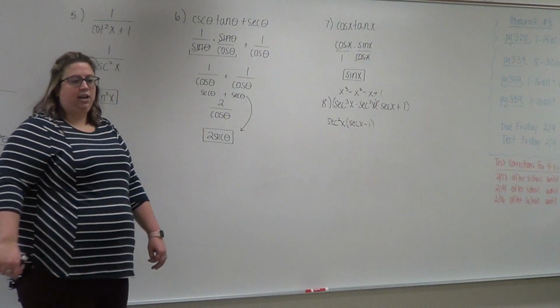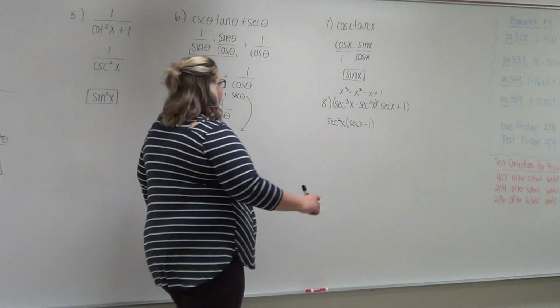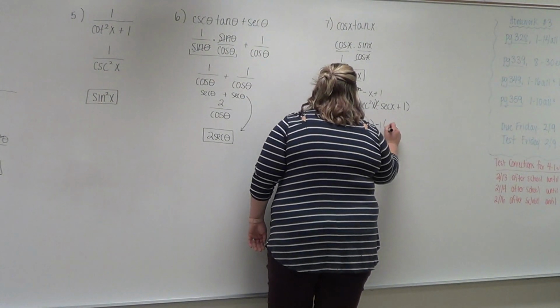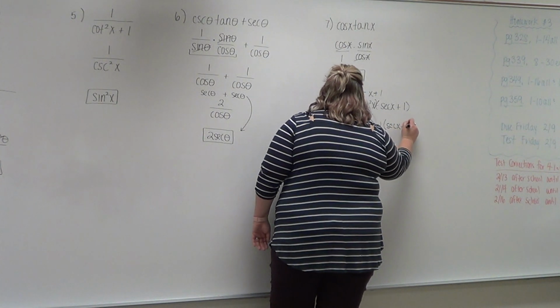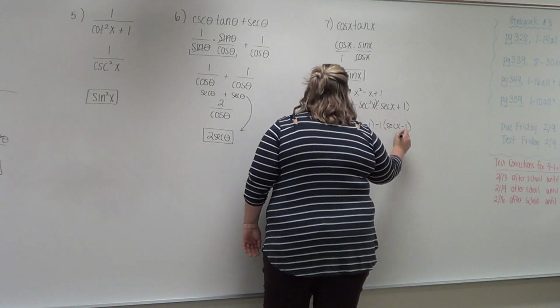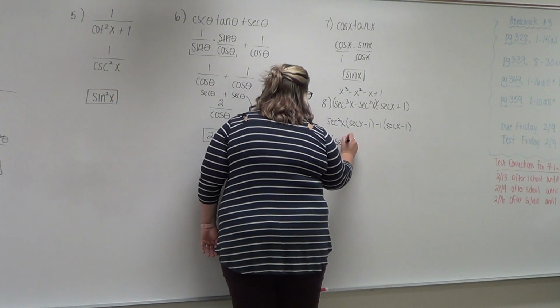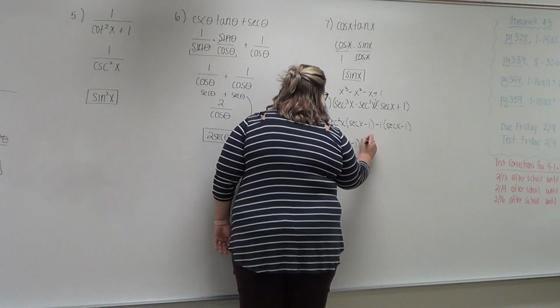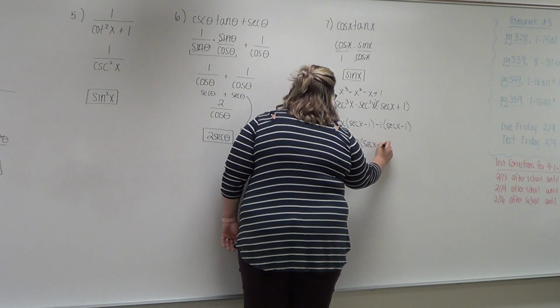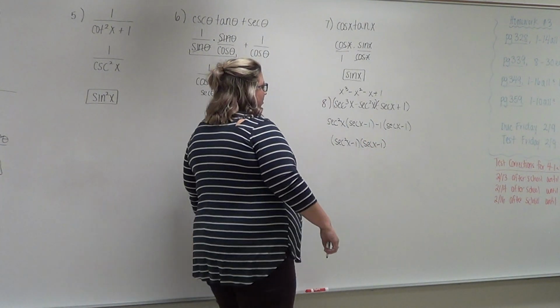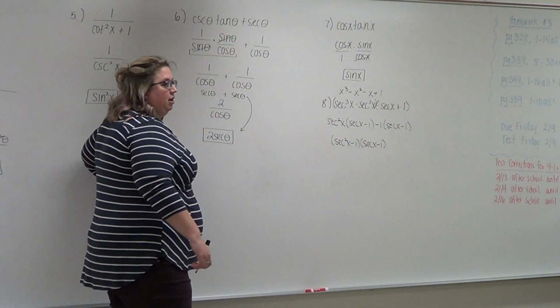What do you factor out of the second group? -1. Good. You have secant x minus 1. So this factors into secant squared x minus 1, secant x minus 1. Okay, but we're not done yet.